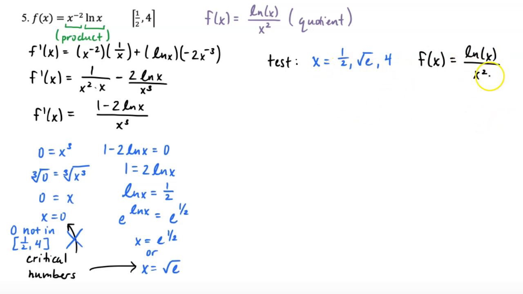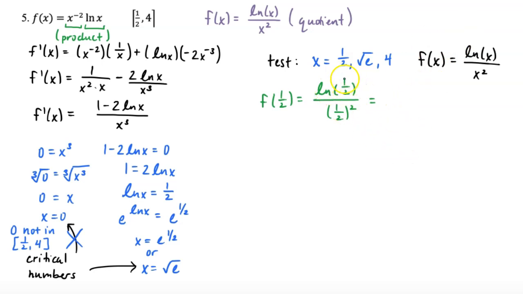So I'm just going to plug all of these x values into this function, and I get that f of 1/2 is equal to the natural log of 1/2 divided by 1/2 squared.